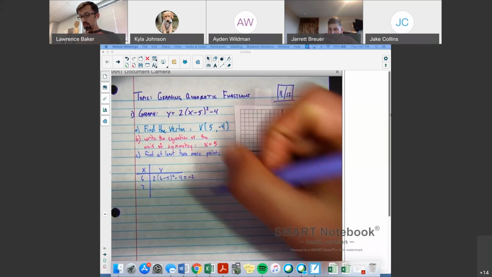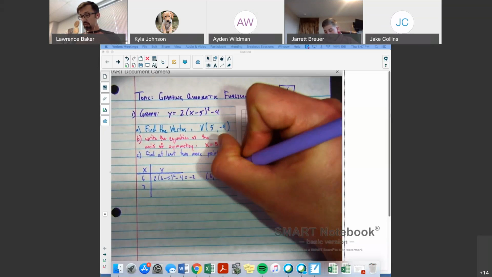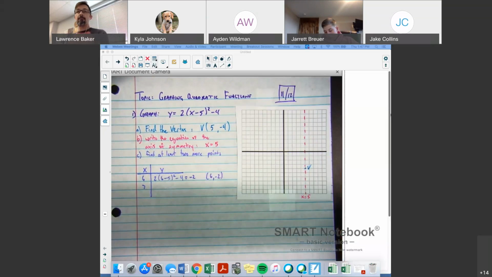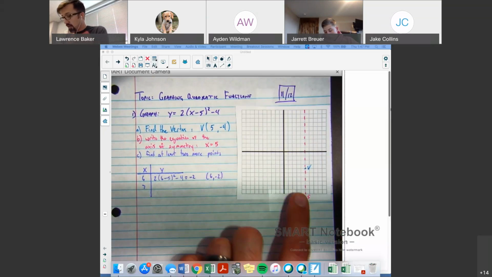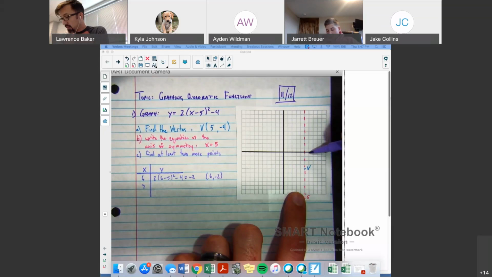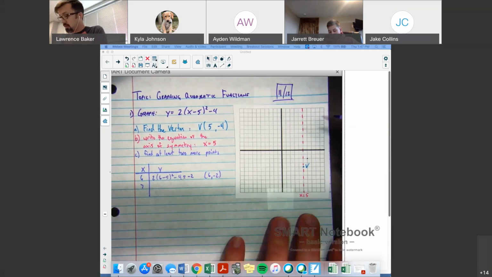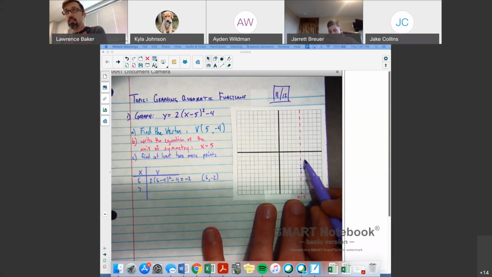So that gives me the point (6, -2). Now that I have that point, I'm going to go over here and plot it. And since I'm here, I'm going to go ahead and reflect it.